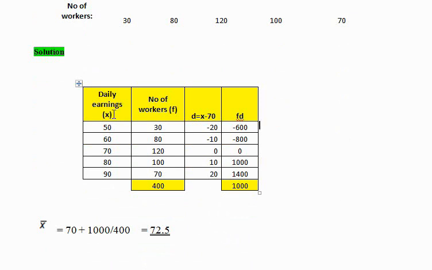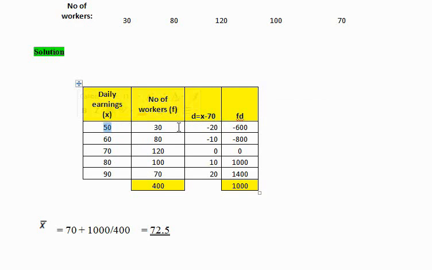The solution: the daily earnings are taken as the X values and the number of workers as the F values. Then we can assume any number in X. If it is in the middle, it will be better. We take D equal to X minus A. Here we take the assumed value A as 70, that is D equal to X minus 70.